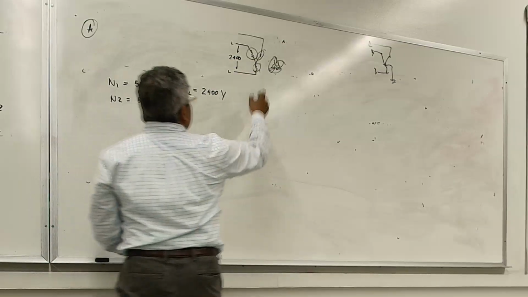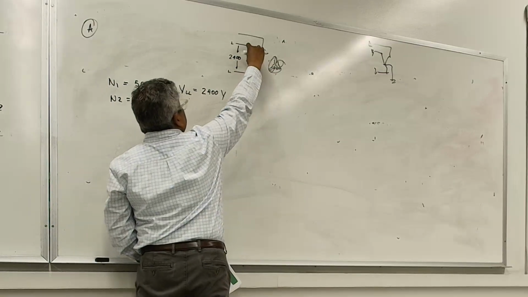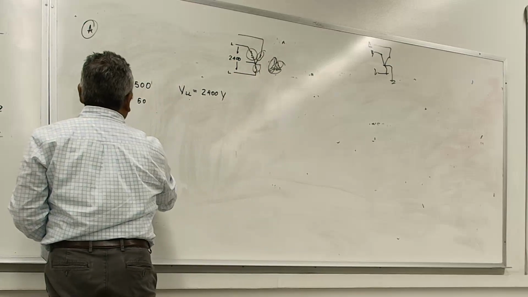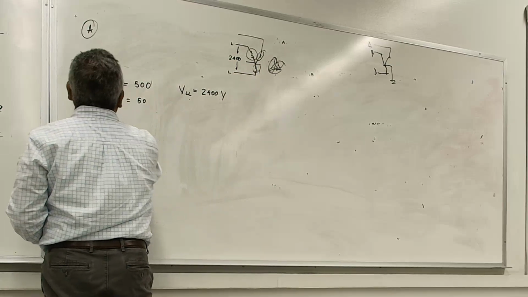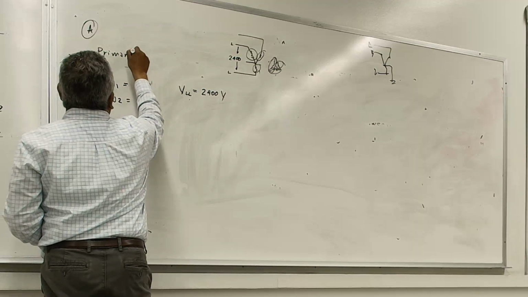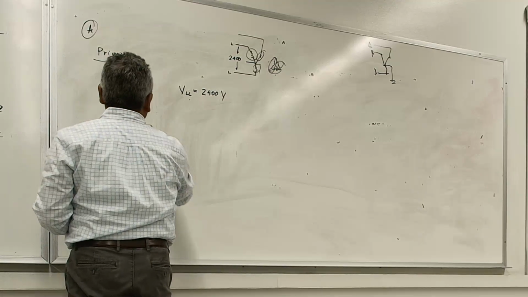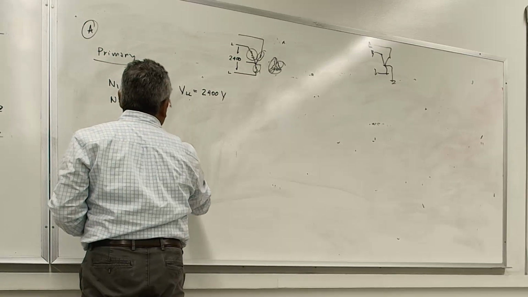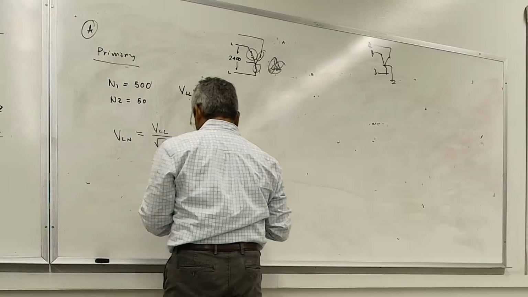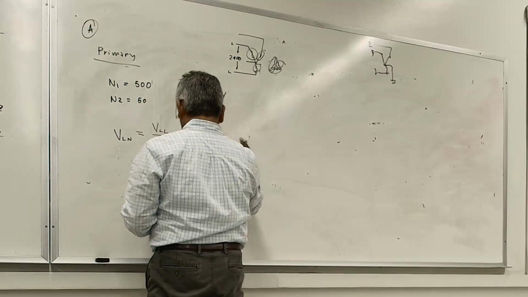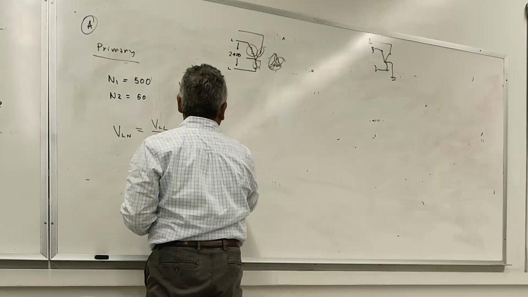We know the line to neutral voltage on the primary is equal to V line to line divided by square root of 3. That gives us 2,400 volts divided by square root of 3.